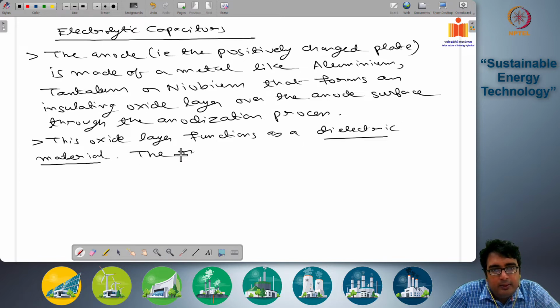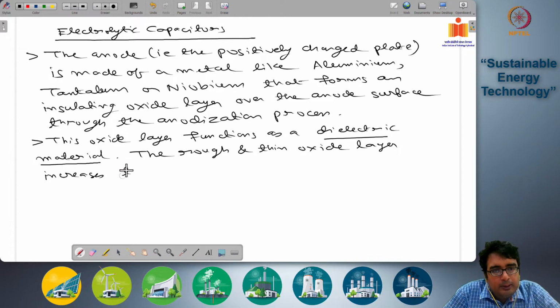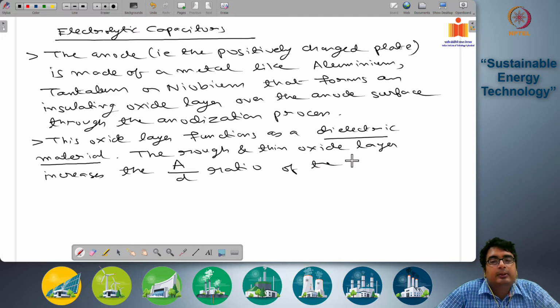The rough and thin oxide layer increases the A by D ratio of the dielectric.